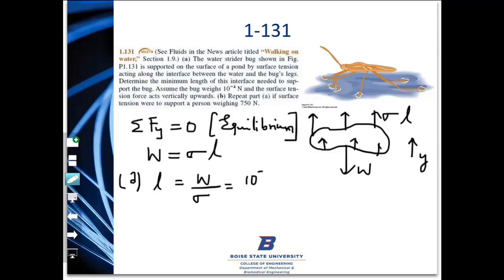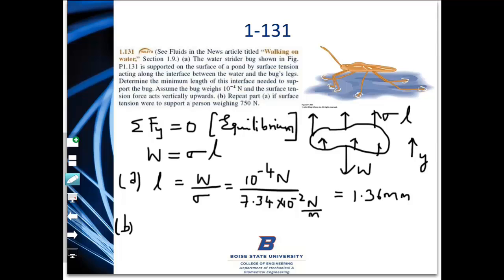You know these values, you know the weight of the bug, and the surface tension, you can find this from the tables, 7.34 times 10 to the negative 2 Newton per meter. So this would be about 1.36 mm. So you can see that it's pretty thin.